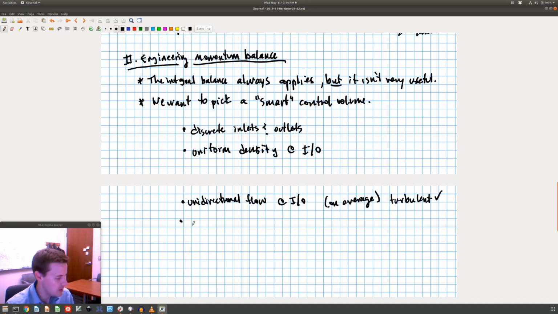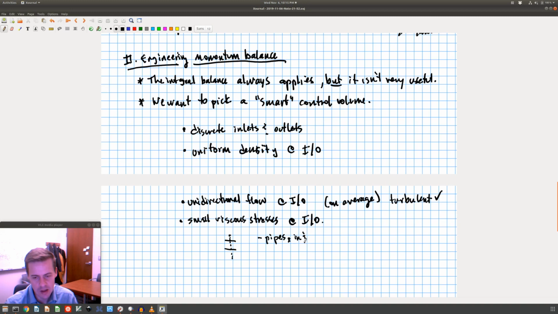The fourth thing it needs is small viscous stresses at inlets and outlets. What that means is that at these discrete inlets and outlets, I'm going to have my control volume go across a certain area, and things that have small viscous stresses will be things like pipes, basically pipes in and out.